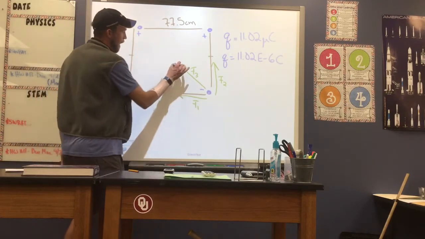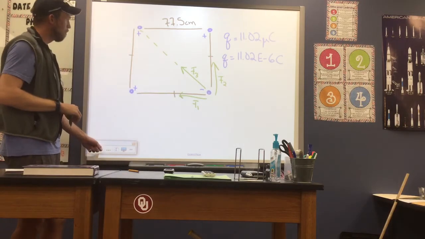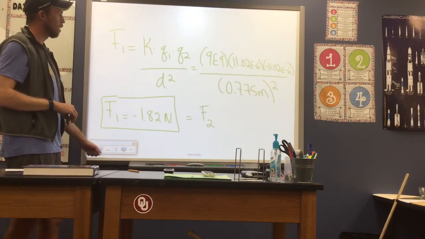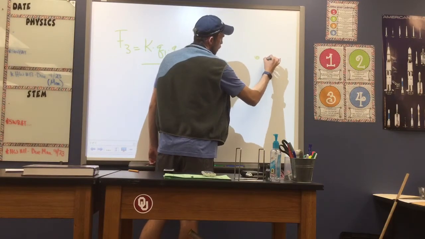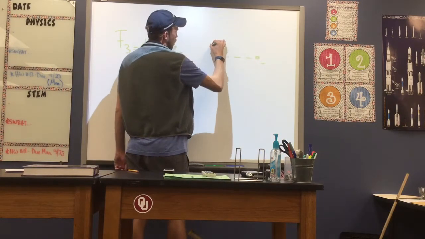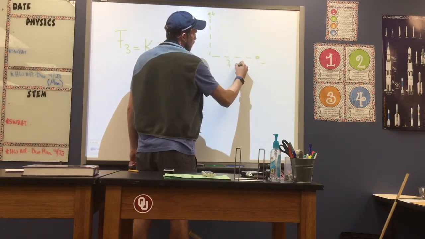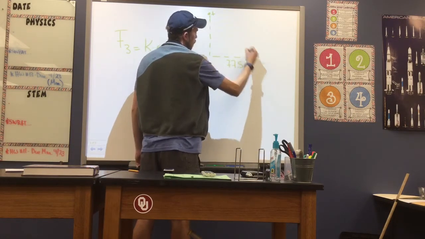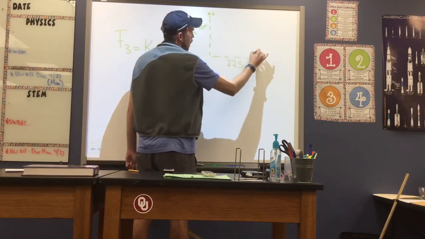Now we're dealing with something at an angle. So I'm going to redraw our picture to give us a little bit more context for what's going on. If this is our negative charge down here in the corner, our positive charge up here on the top left is some distance away. So 77.5 centimeters over and 77.5 centimeters up.